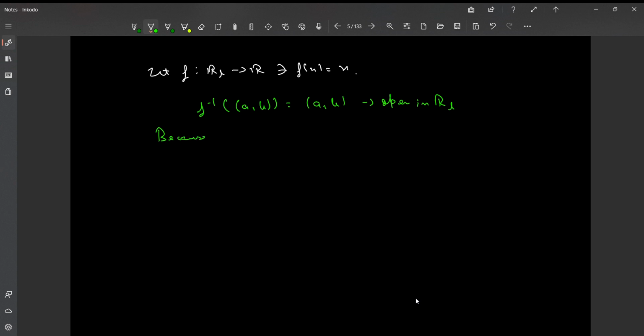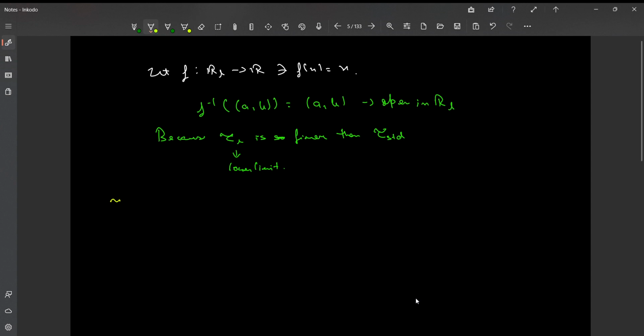And why is it so? Because R_L is finer than R, or I should be specific about the fact that tau L, the lower limit topology, is finer than the standard topology.